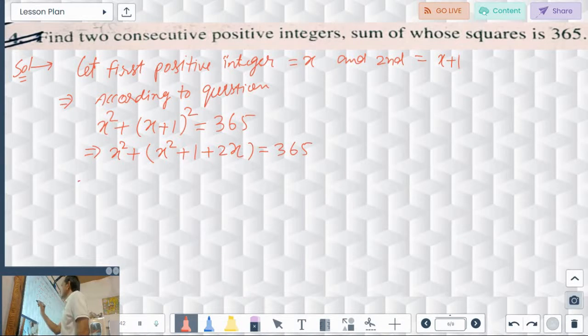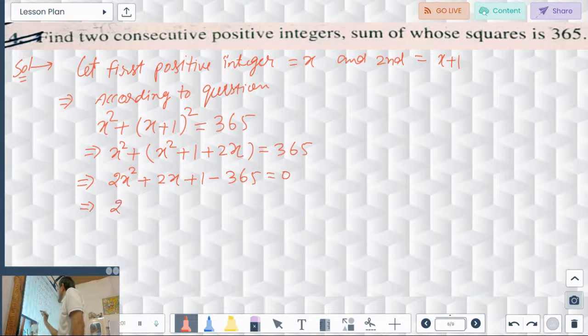Now again simplify: 2x square plus 2x plus 1 minus 365 equal to 0. Now 2x square plus 2x minus 364 equal to 0.